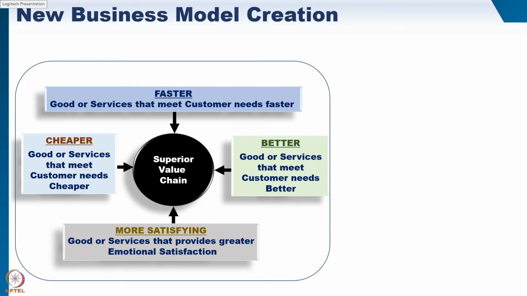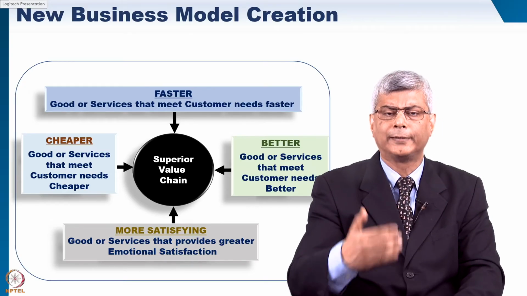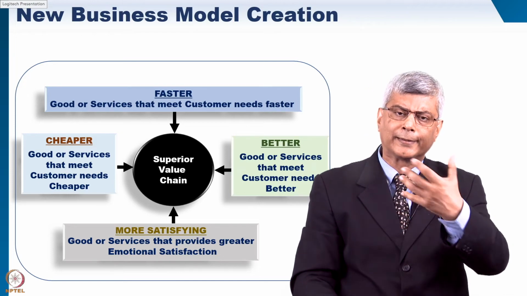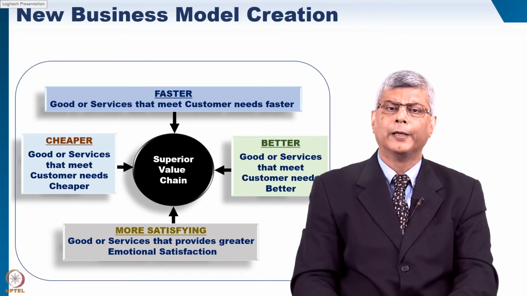So if a new company wants to come into an existing market, or an existing company wants to reinvent and make itself better, how does a new business model emerge?